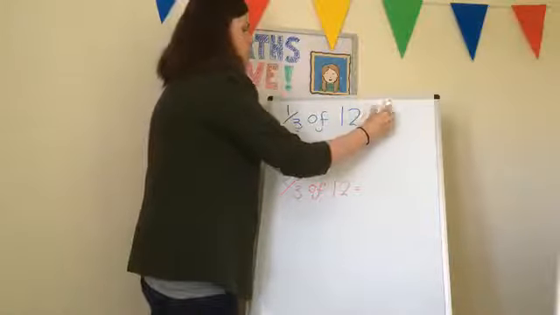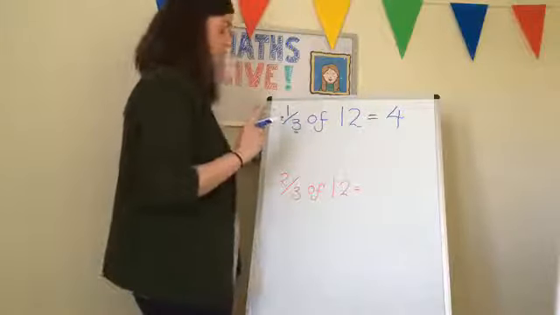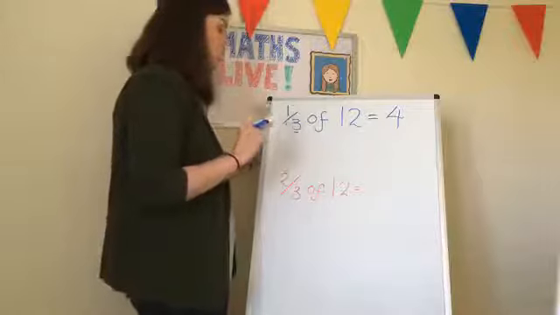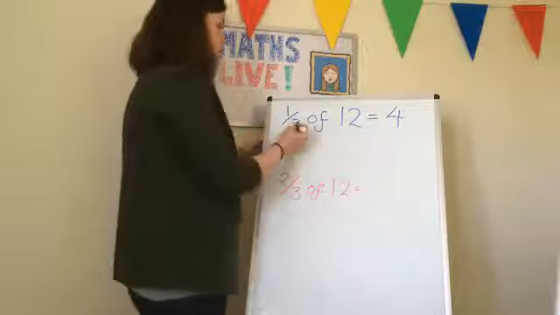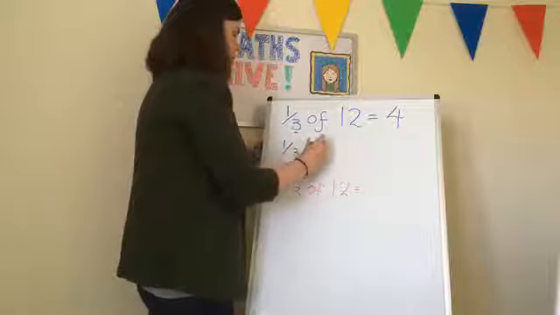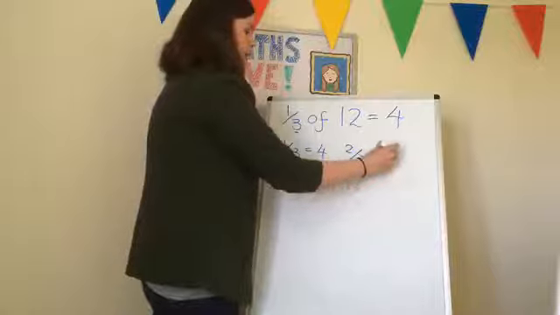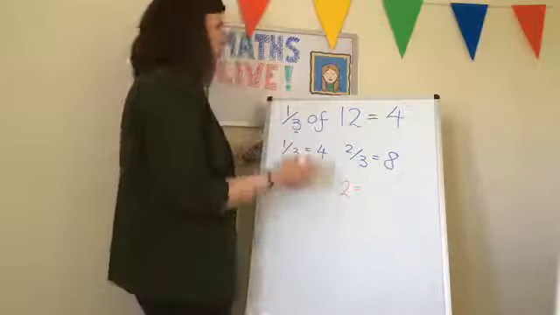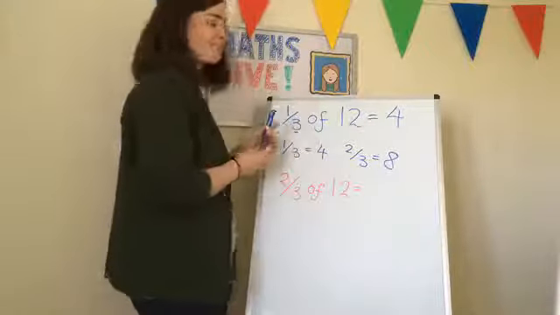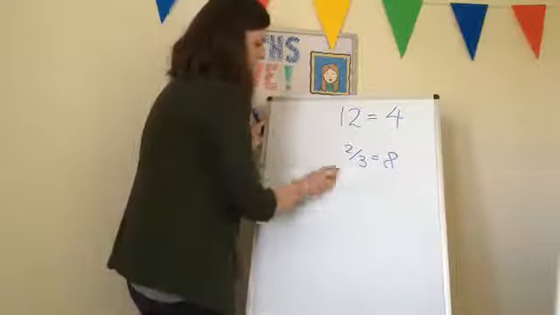So 1/3 of 12 is 4. But we don't want 1/3 of 12, we want 2/3 of 12. So if 1/3 is 4, then 2/3 is 8. We just double it. So 2/3 of 12 is 8. Well done. I saw a lot of people putting 8, 6 and 8, which is amazing.